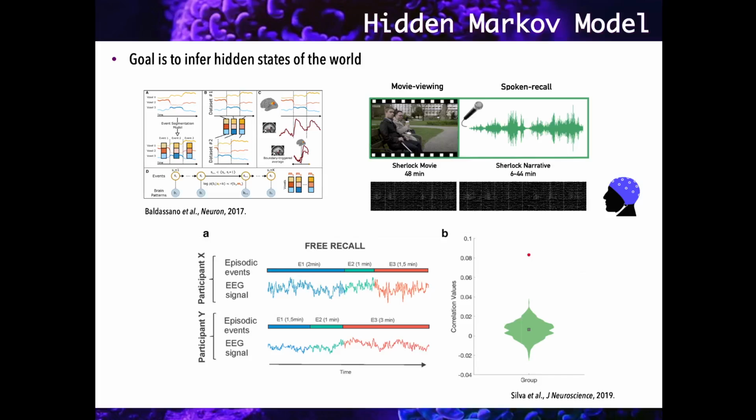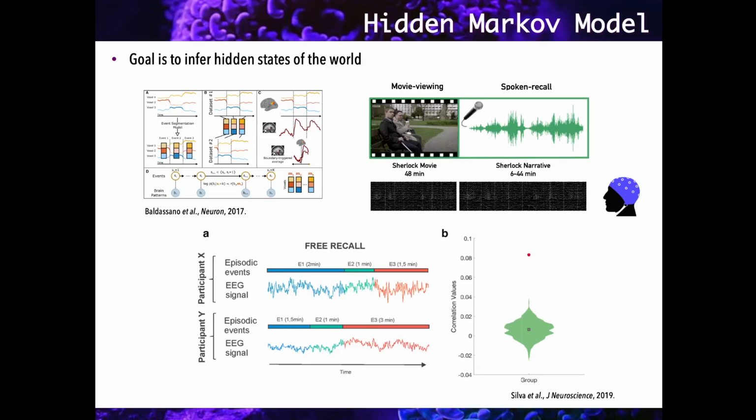What we did here was apply the same experimental design as in the Baldassano paper, where we asked participants to watch a 50-minute movie and then do a free verbal recall of what they had seen, giving as many details as they could remember.